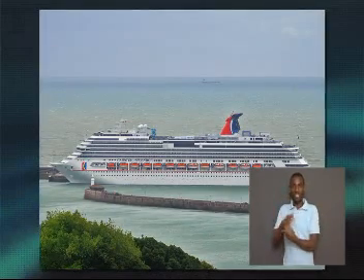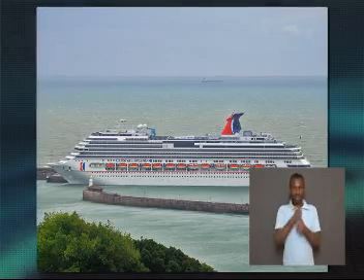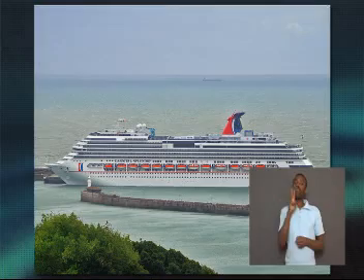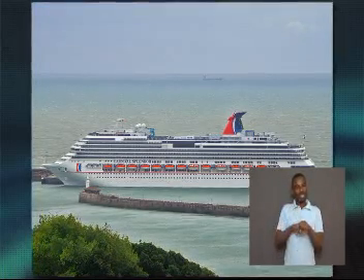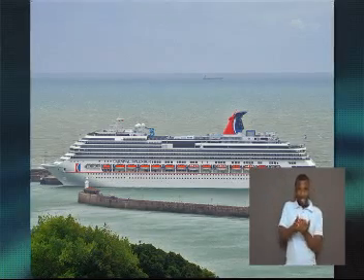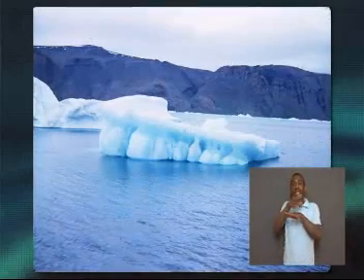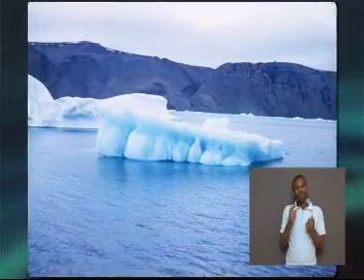Ships, even those made of metal, float because they have enough empty space inside their hull that their total average density is less than the density of water. An iceberg floats because ice is less dense than the water it floats in.